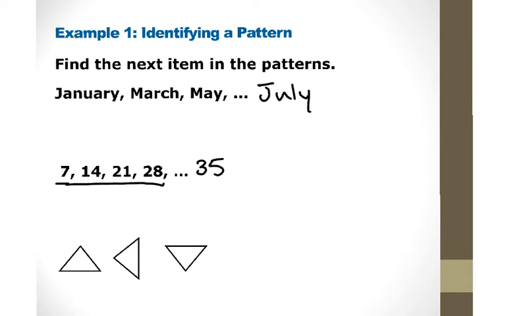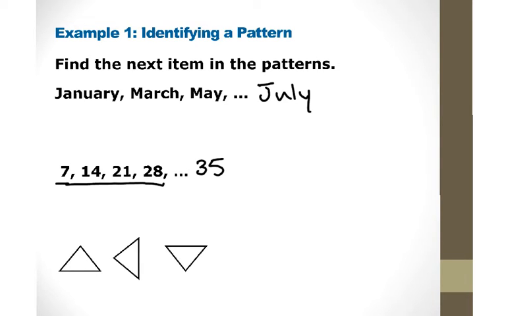All right, the last example I have for you on identifying a pattern is this one with triangles down here. We have a triangle. I'm going to call this triangle pointing up, and then pointing left, and then pointing down.